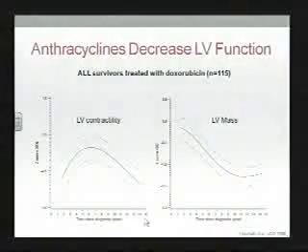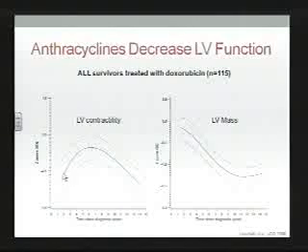So actually what's interesting is that these kids more often than not have kind of a honeymoon period, and so shortly after their therapy, their ventricular contractility and mass is actually pretty decent. However, this is years after therapy, and these are ALL survivors treated with dox. That's where we really see some bad things start to happen.